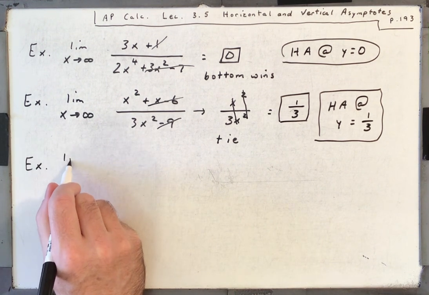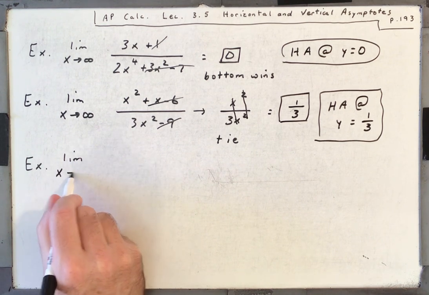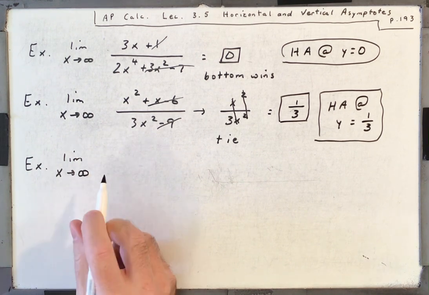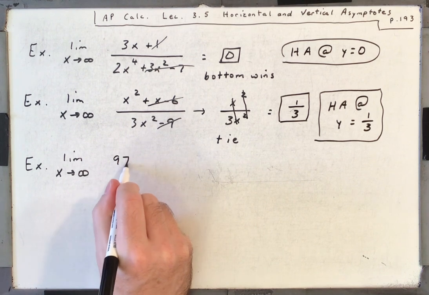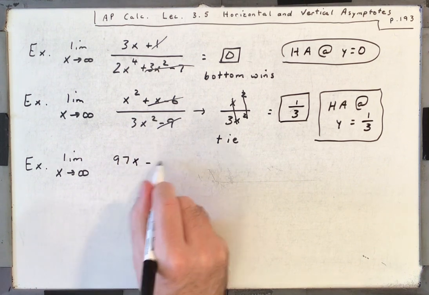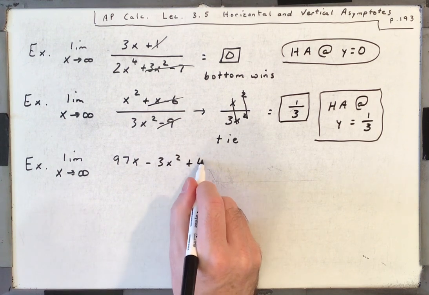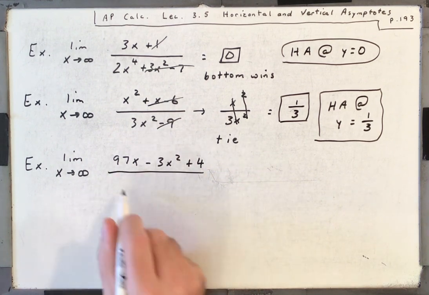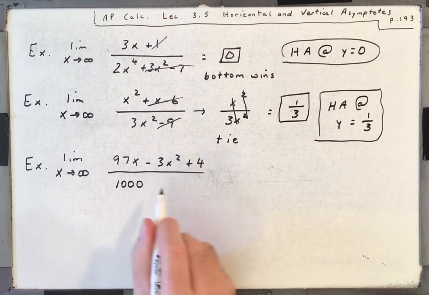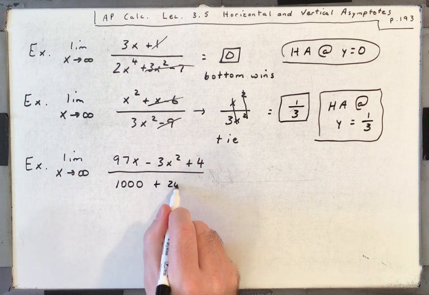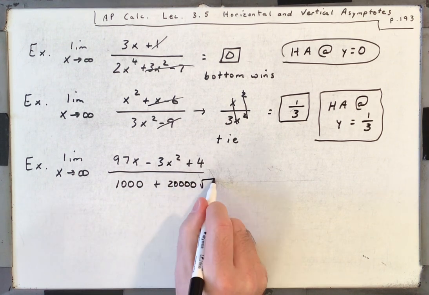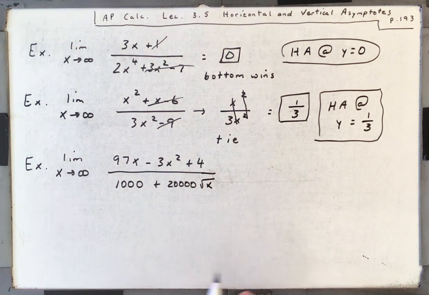All right, let's take the limit as x approaches infinity of 97x minus 3x squared plus 4 over 1,000 plus 20,000 root x. So there is a lot of extraneous information here.